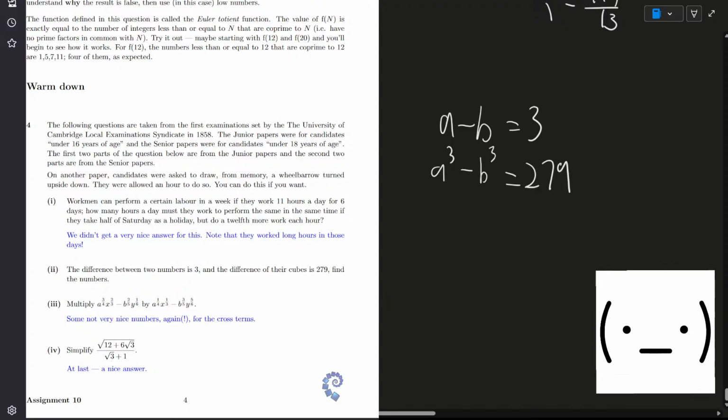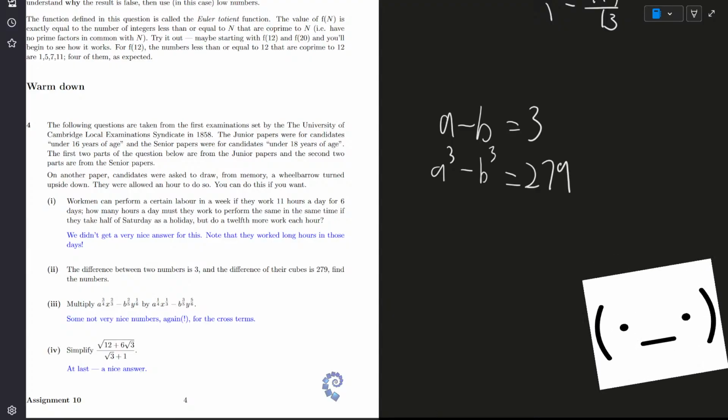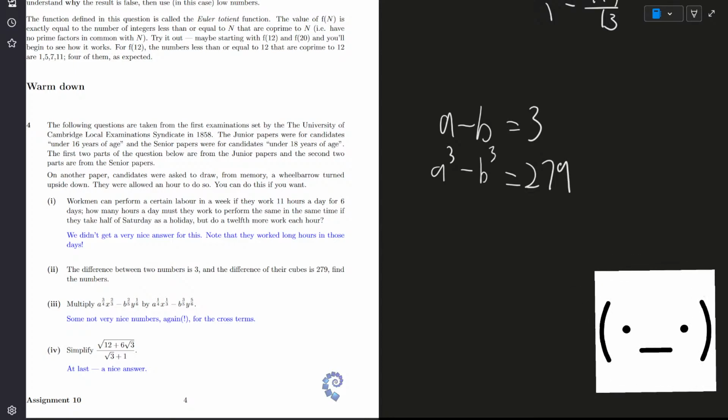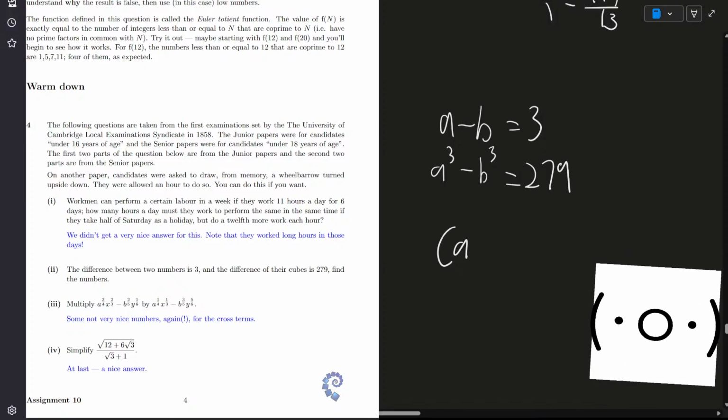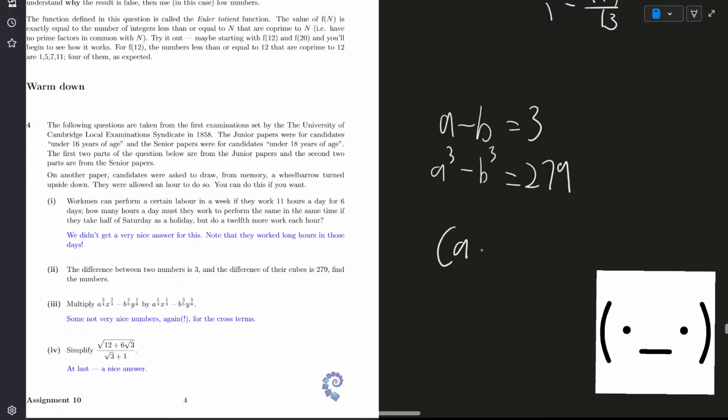Hmm, definitely annoying. Maybe there's some stupid way to expand this that no one uses because it's irrelevant to the world.